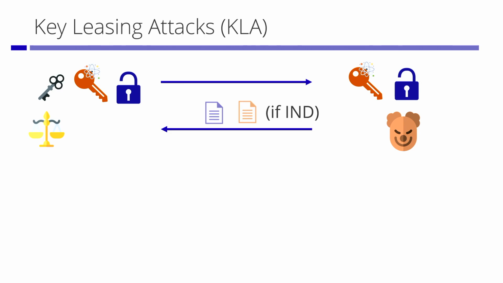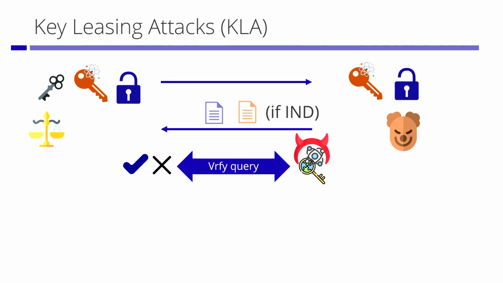In the indistinguishability case, the adversary sends two plaintexts to the challenger. And the adversary can send a possibly malformed decryption key as a verification query. The challenger answers whether this queried decryption key is valid or not.